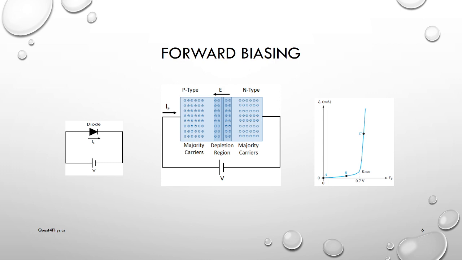At point B, the current increases slightly until it reaches approximately 0.7 volt at the knee of the curve. And after point B, the change in the forward voltage is not so visible. And at point C, the forward current increases rapidly. The forward voltage at point C is approximately equal to the built-in voltage. So this is the condition of forward biasing.